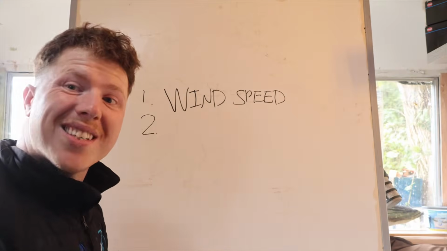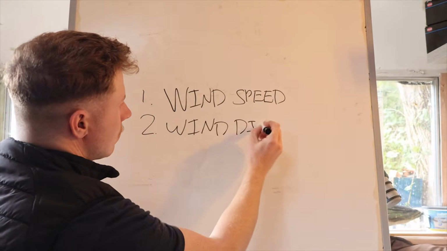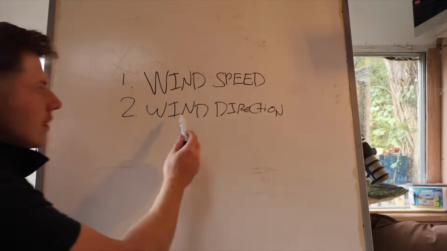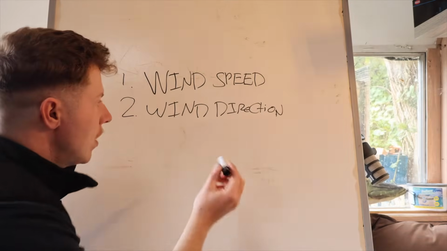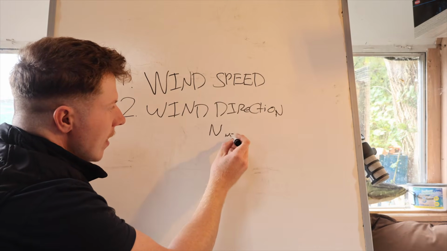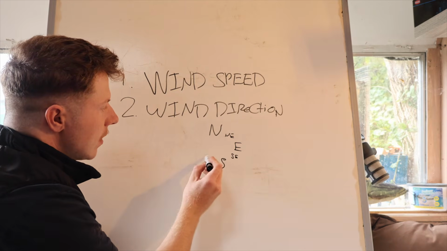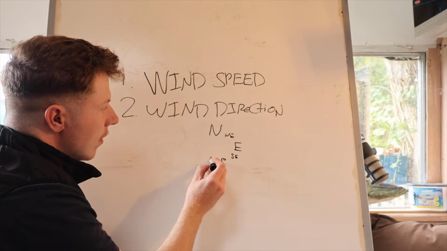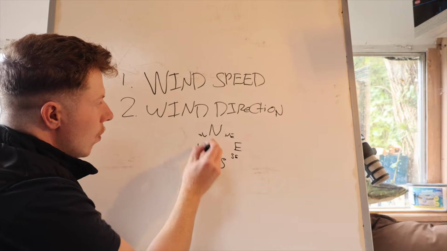Number 2, wind direction. The second thing that we're looking at is wind direction. Now, winds can be coming from the north, northeasterly, they can be coming from the east, they can be southeasterly, south, southwesterly, west, or northwesterly.